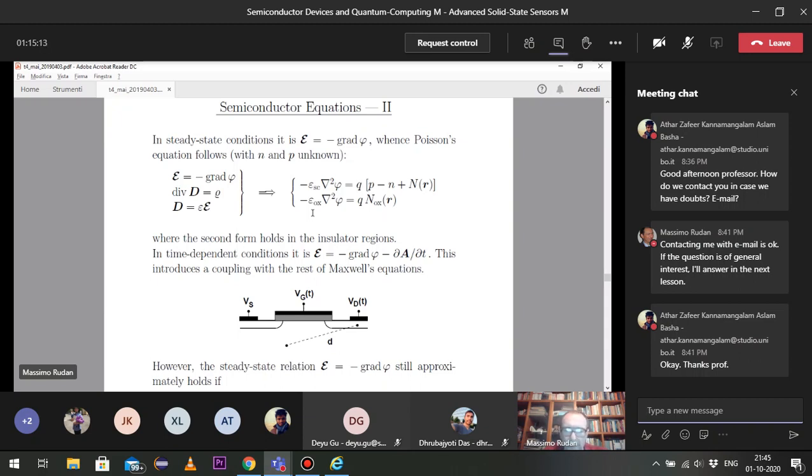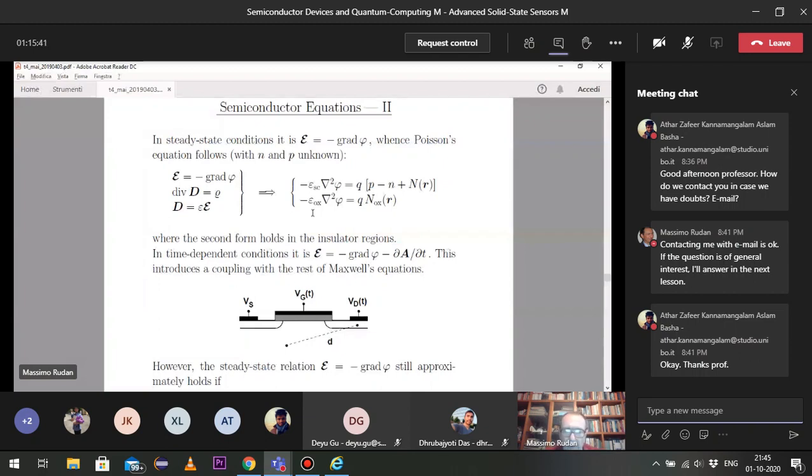There could be some fixed charge that we call capital N ox. Okay, we hope that there is no such a charge, but in some situations it could be present. So this is the form that we have for the Poisson equation in the non-equilibrium steady state situation.